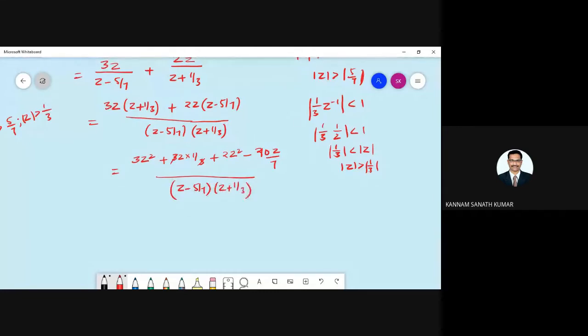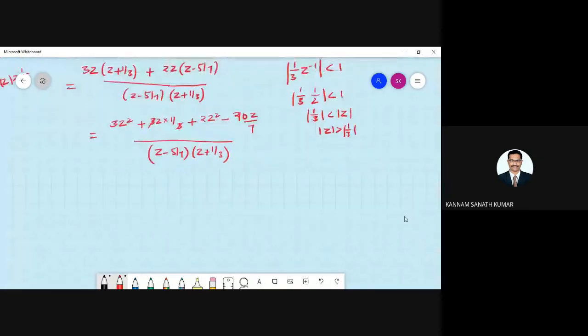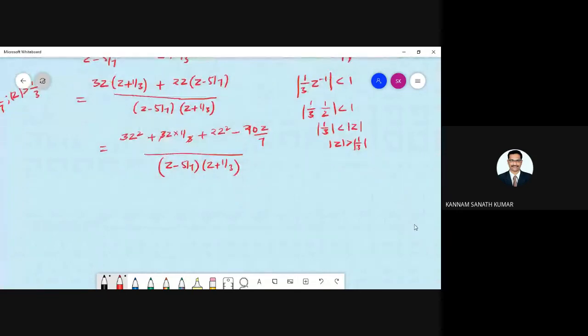So 3z square plus 2z square is how much? 5z square. Okay.